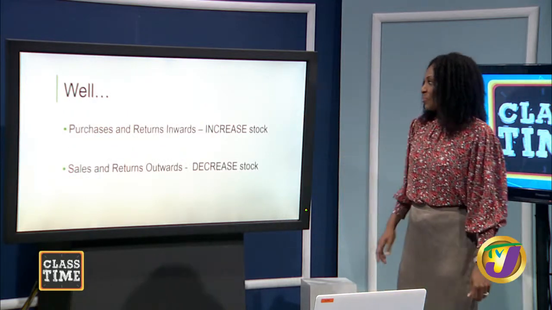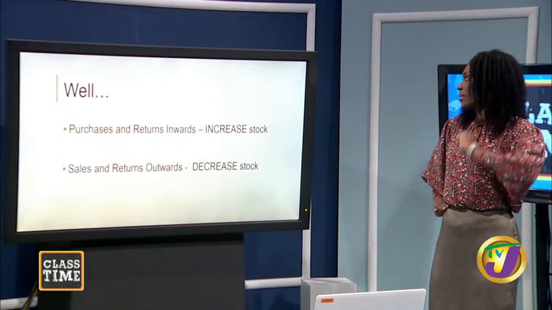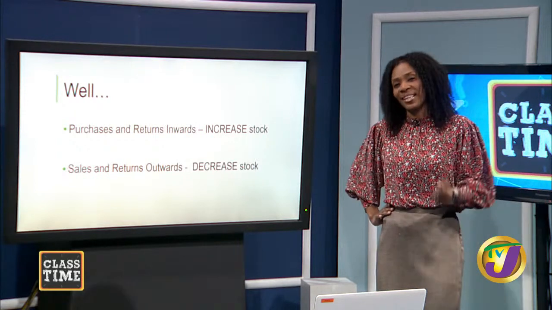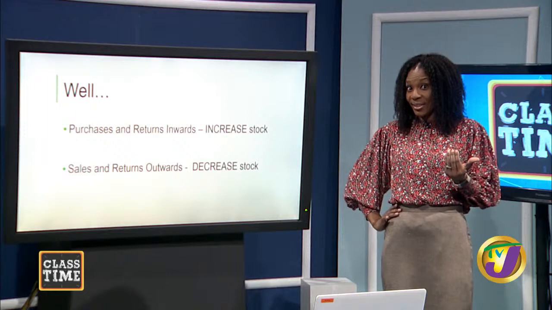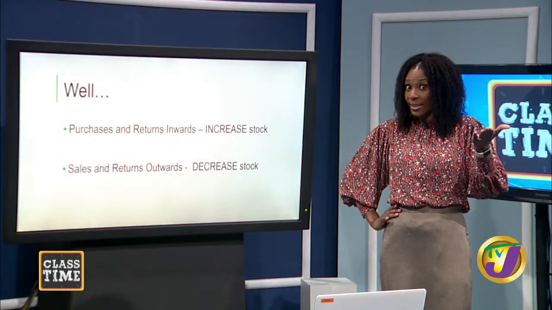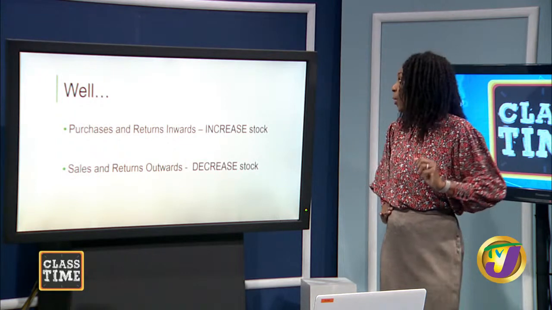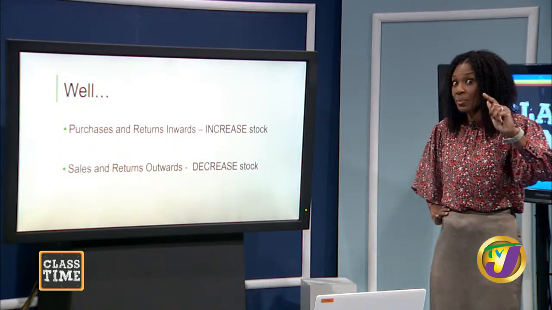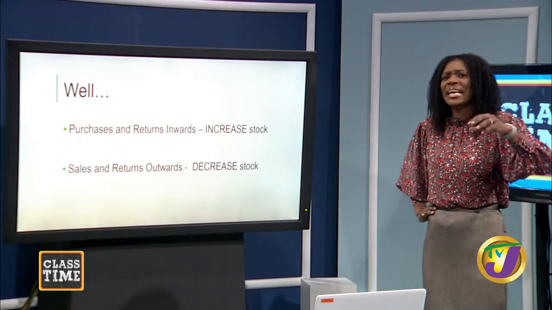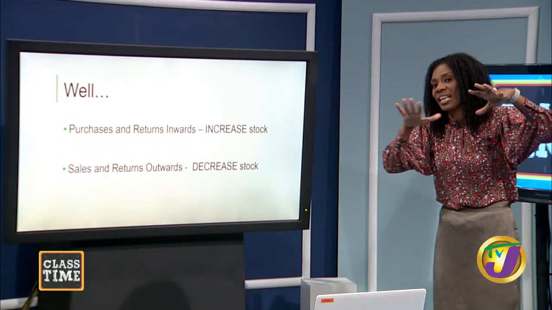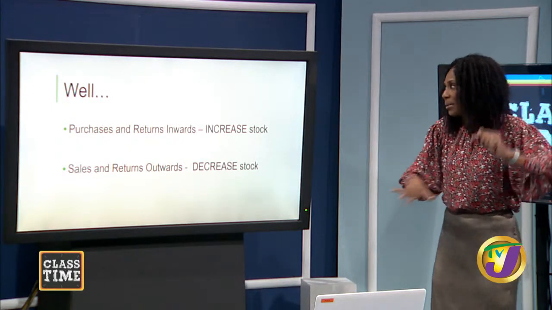Well, purchases and returns inwards will cause an increase in stock. Purchase, we buy it, don't we? So we get it. We have more, right? So it causes an increase in stock. Likewise, returns inwards, and you'll better understand this a little later. Sales and returns outwards will cause a decrease in stock. Go ahead and reason that one.